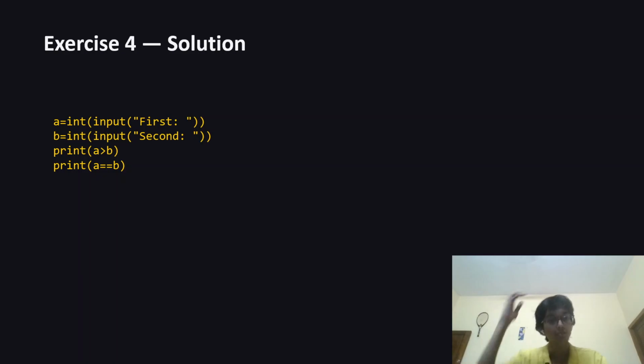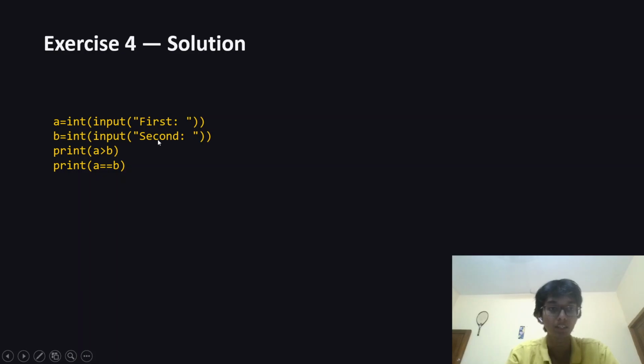Time's up, guys. First, we are taking input as variable A, and variable B. We're checking if A is equal to B, using the double equal to sign to see if A is equal to B.